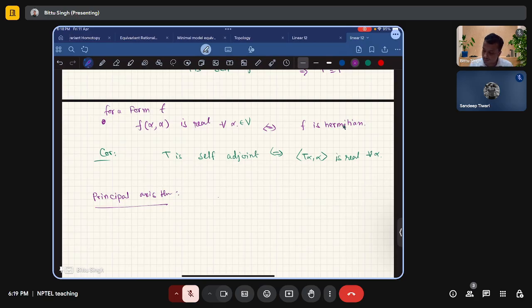Suppose F is Hermitian, then F has a diagonal matrix representation with respect to some basis.